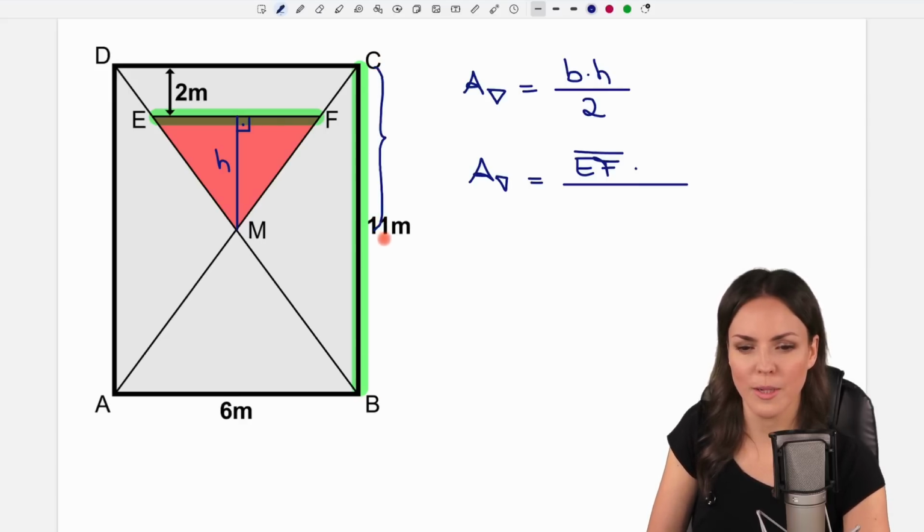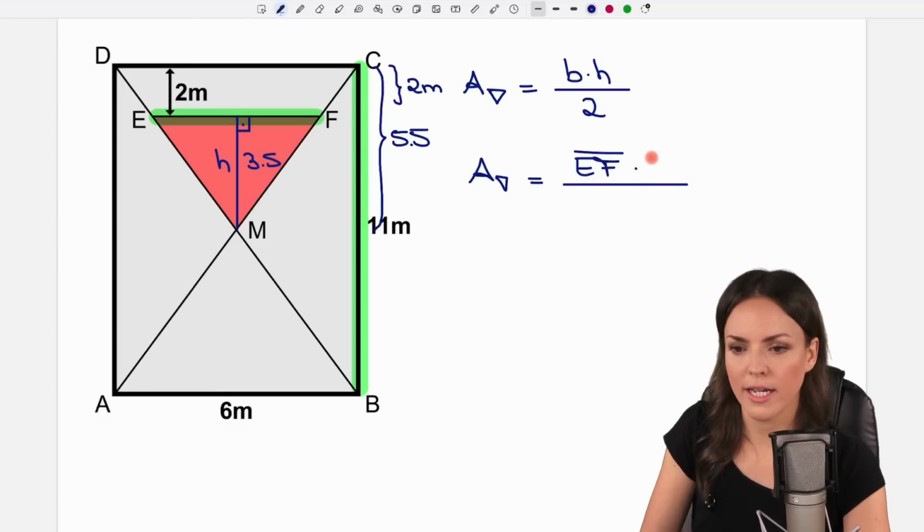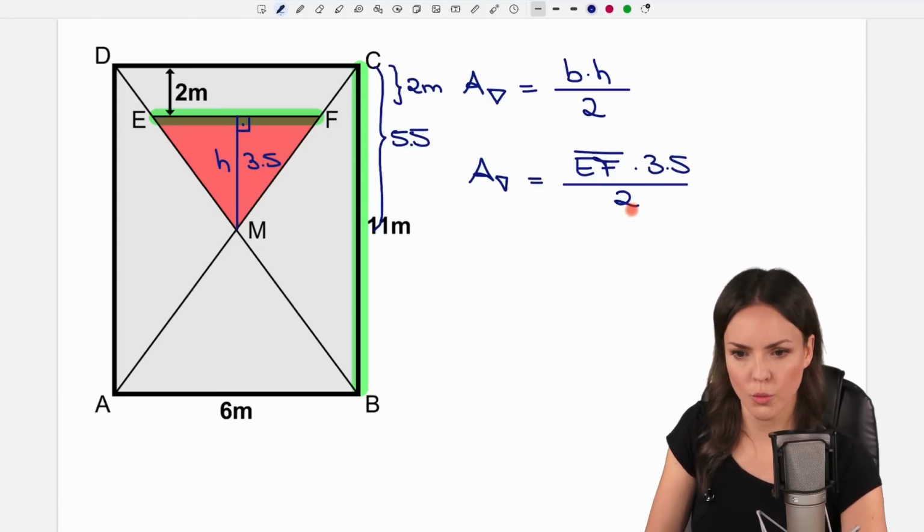So 11 divided by 2 equals 5.5. But I don't need this 5.5 for my height because these 2 meters, I don't want them in my height. So I just subtract these 2 meters from my 5.5 and I get a height of 3.5, which I can write in my formula here. And then I divide this by 2.